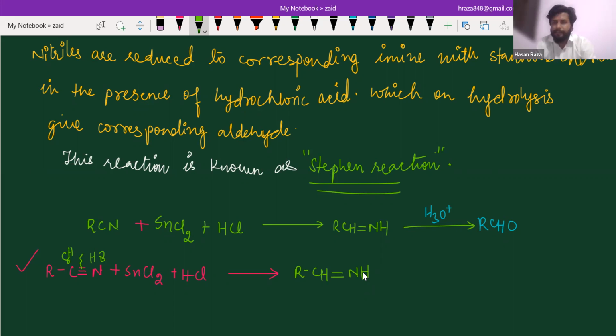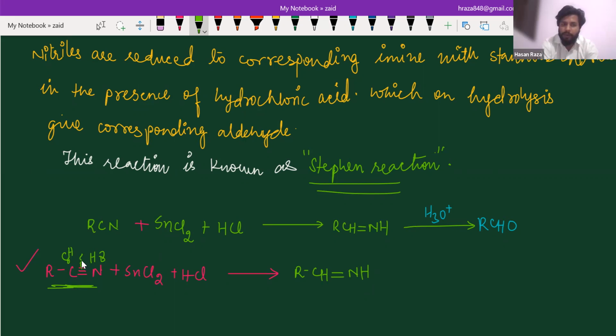Sir, can you repeat once? See, this is triply bonded. So in order to reduce it, you are going to add hydrogen to this nitrile. All the carbons and nitrogen are satisfied with their bonds, so in order to add something new, you need to break the old bond.